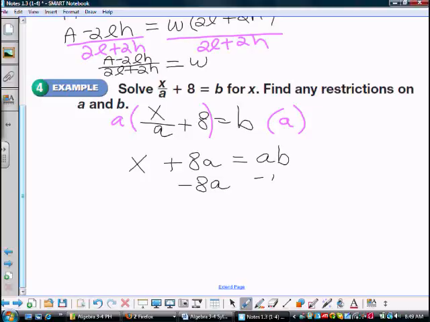Get rid of the 8a. And that gives me x equals a b minus 8a. Okay? So there's my answer, but it says find any restrictions.